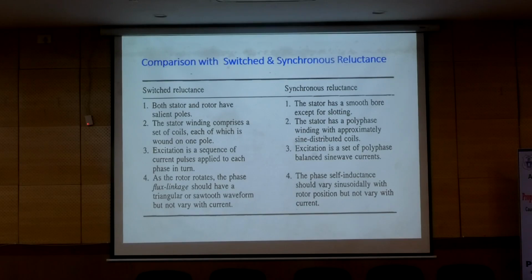Whereas in the synchronous reluctance counterpart, the phase self-inductance should vary sinusoidally with rotor position, but not vary with the current. So this is the difference: those currents are sinusoidal in nature, but here the currents are not sinusoidal in the case of a switched reluctance machine.